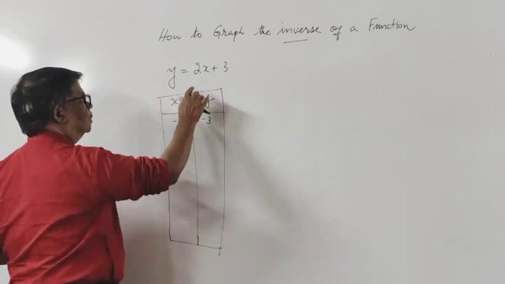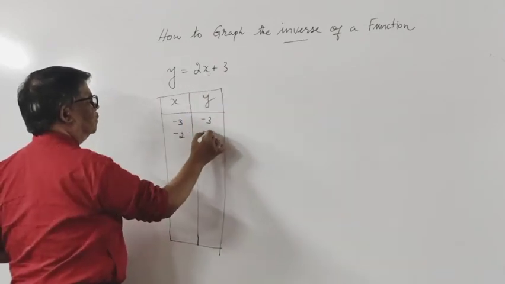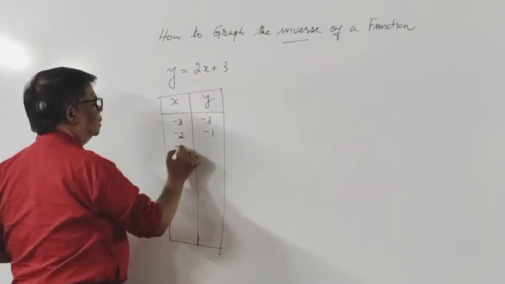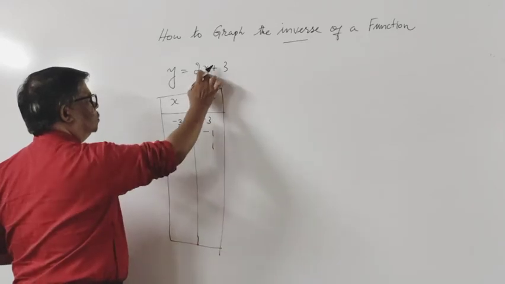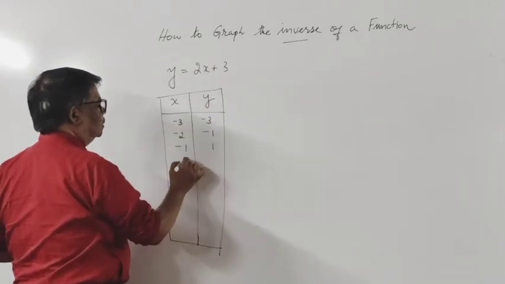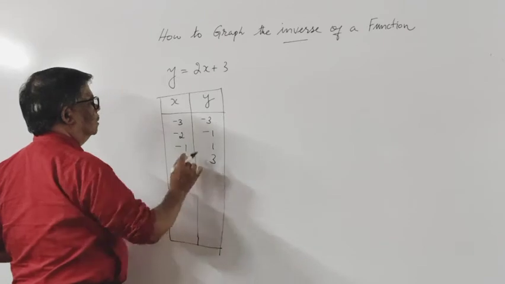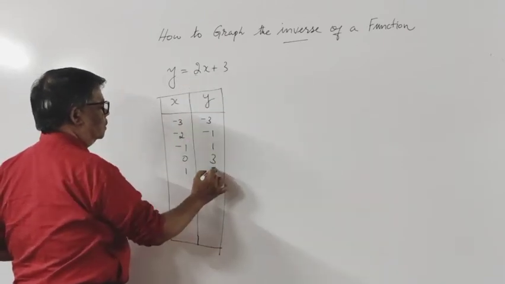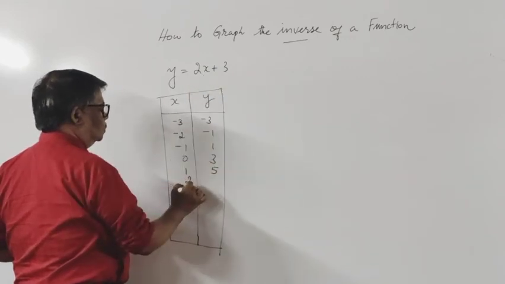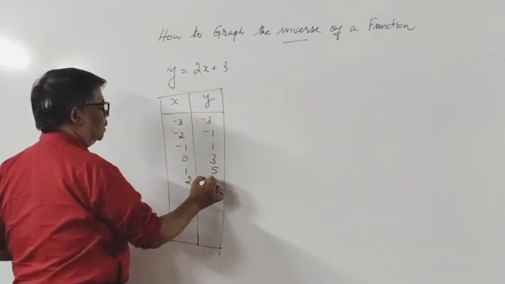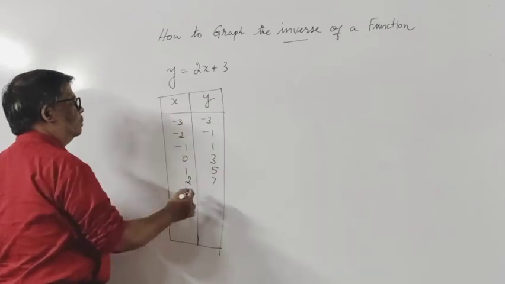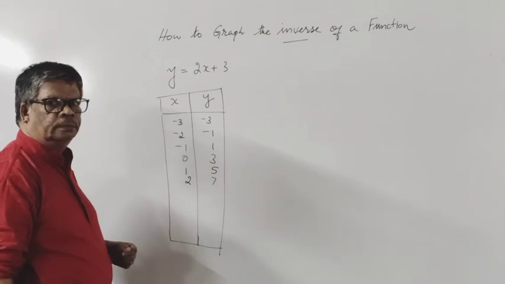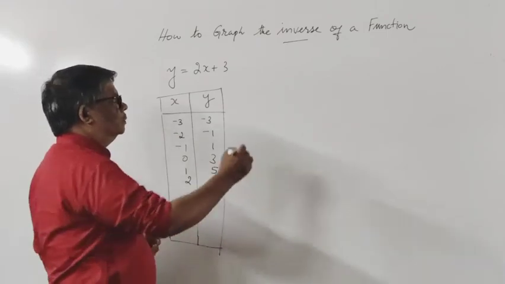Put minus 2, minus 4 plus 3, minus 1. Put minus 1, minus 2 plus 3, 1. Put 0, 0 plus 3, 3. Put 1, 2 plus 3, 5. Put 2, 4 plus 3, 7. Like that we can find the ordered pairs. Now these ordered pairs we can plot on a graph.